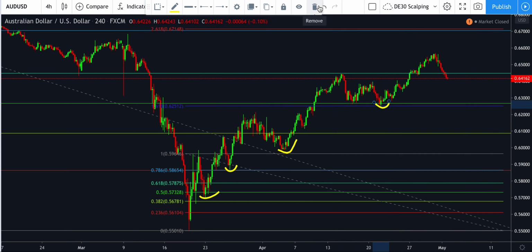Okay, next, what do we have? So we've had a price correction and retrace up until 61% of Fibonacci retracement, which is a level that separates between a correction or a retracement and maybe the start of a trend.